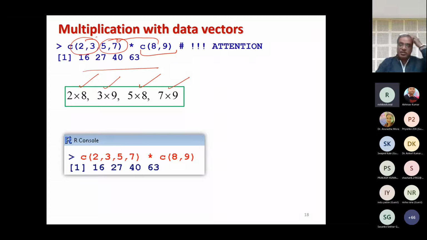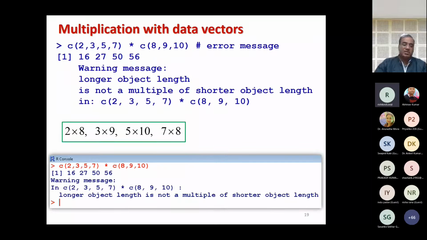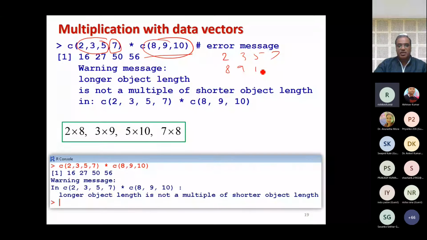Right, so you can see here that the approach in which it is working is the same. And similarly, if you take an unequal number of elements in the second data vector, where the total number of elements are not the exact multiple, then the same thing will happen. This 8, 9, and 10 are going to be multiplied with the first three elements, 2, 3, and 5. And then after this, you will have here 7, and then it has to be multiplied like this: 2, 3, 5, 7, 8, 9, 10.